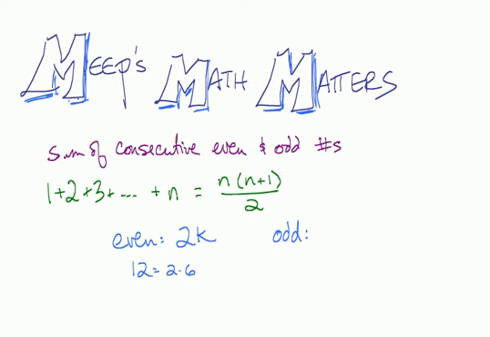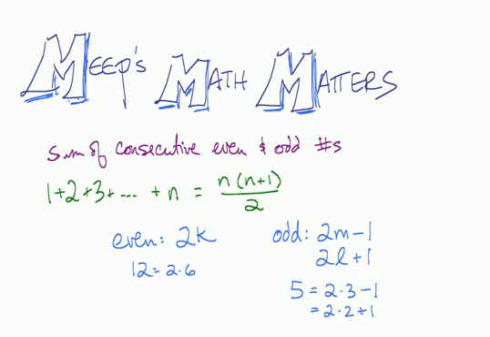An odd number is a whole number that's not even, so you can make it look like 2 times some whole number minus 1, or 2 times some whole number plus 1. As an example, 5 equals 2 times 3 minus 1. It also equals 2 times 2 plus 1. You use whichever is most convenient to you.